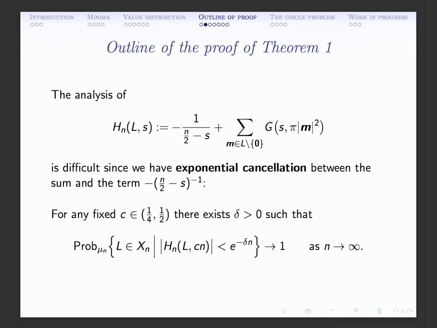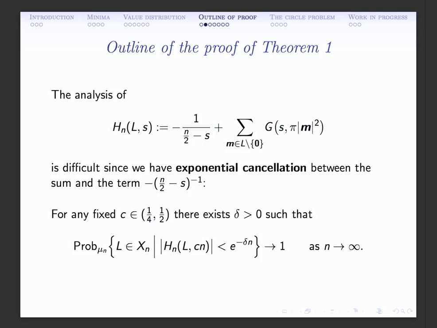And even that turns out to be slightly delicate, because Hn is a difference of two things. And at least the first object here is rather easy to understand. And it turns out that this second sum, if you calculate the mean value of this sum, it's exactly this expression. So the mean value of h is 0. And so the true size of the function is typically very small.